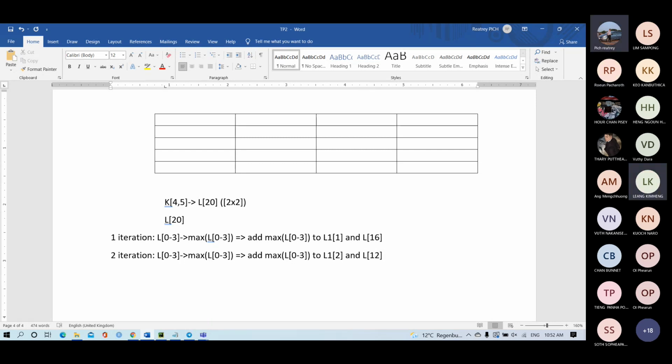Okay, third iteration, the same, but we just change L to index 3, and this one equals 8. Fourth iterations.